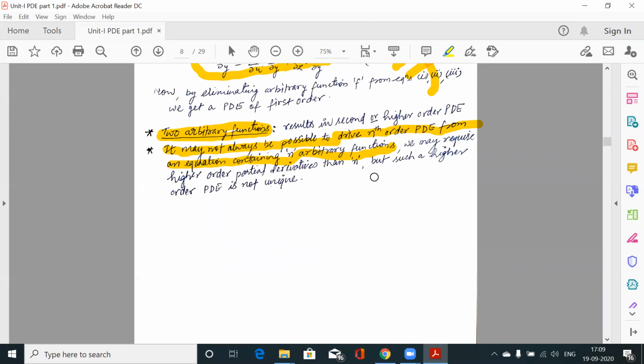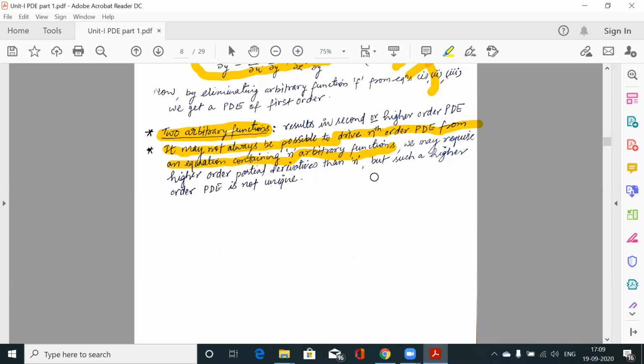But again, elimination is our objective. If the elimination is not possible, suppose one arbitrary function is given and from the first order derivatives the elimination is not possible, then we move to the higher order derivatives. But in that case, whatever PDE we get will not be unique.